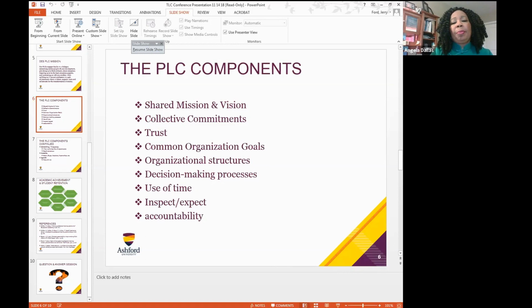And with that, accountability takes us back to making sure that our PLCs are engaging, empowering, and making a difference. We leave nothing to chance, and we make no excuses. So the accountability is universal for every member of the group, and we share that commonality to make sure that we reach our goals.